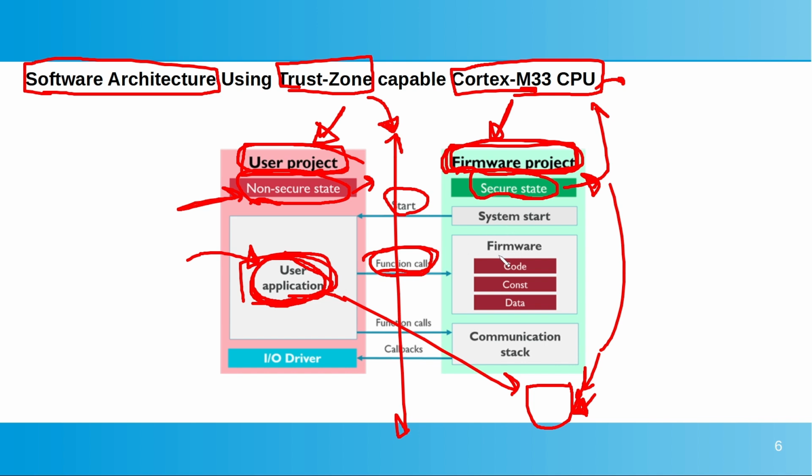This one, in return, will process those requests and then give back the result via certain callbacks to our user-based application. So this is the flow, as you can see. A set of function calls coming from the user application, and then we'll have certain callbacks as a result coming out of our trusted firmware to the user-based application.